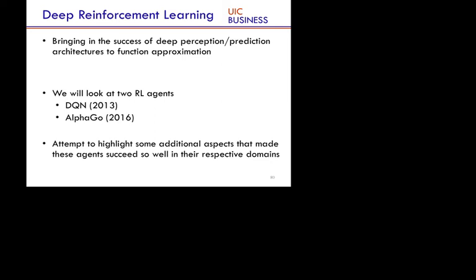That's what an image classifier or a text classifier will tell. So what is it that's happening in the world? That's the perception problem. So because of that success, we want to use them also as function approximators to represent features of our state and to represent our value function or policy function and so on.